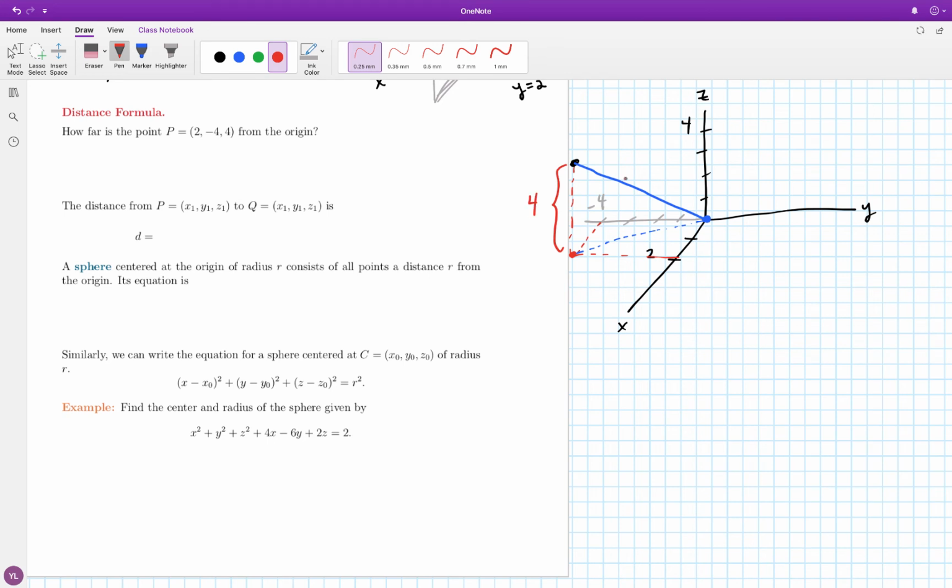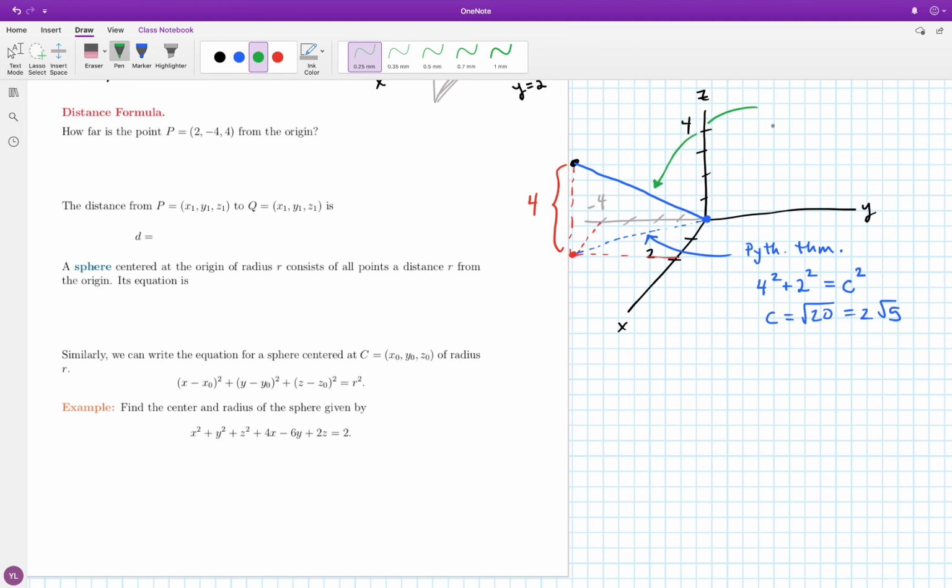So first, the height of the point is 4, and this diagonal on the bottom is measured by using the Pythagorean theorem in the xy plane. I get it to be the square root of 20, and then it becomes the base of that upright triangle, which can help me compute the distance, which is the hypotenuse of that triangle.